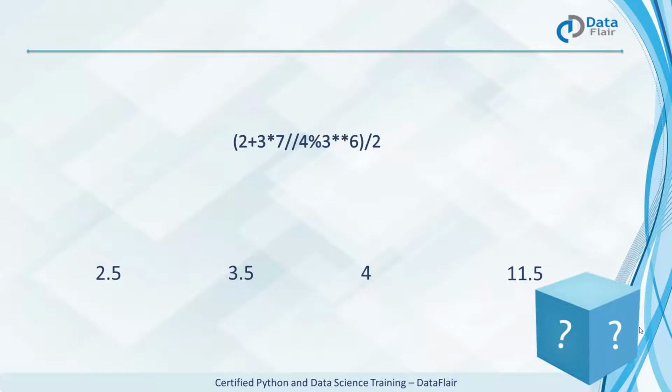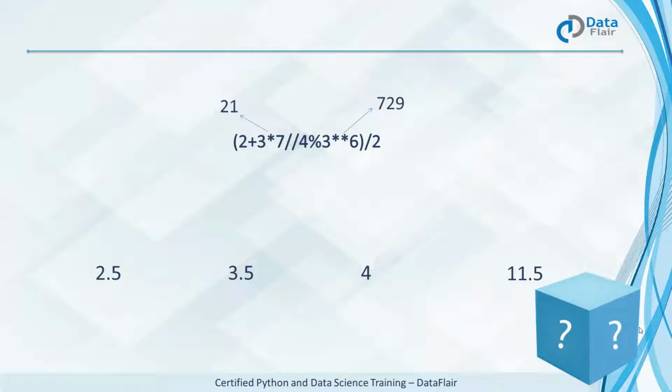Now that you know what comes first, can you solve this challenge we saw at the beginning of this session? Let's see how this goes. Parentheses first, so it calculates the first operand to the division operator. Here it exponentiates 3 to the power 6. This gives us 729. Next it performs the multiplication. 3 multiplied by 7 gives us 21.